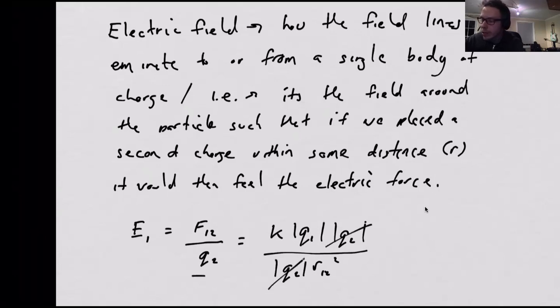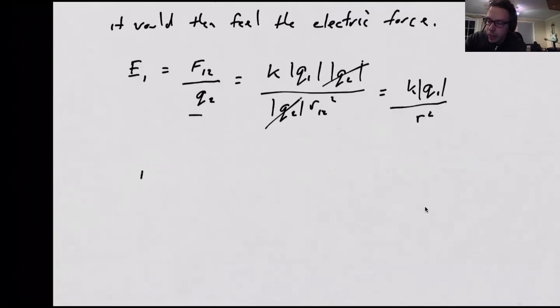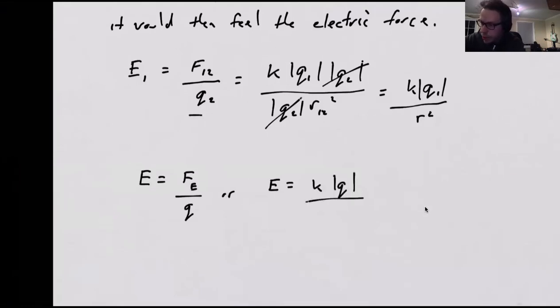Q2 is going to cancel Q2, leaving us just with K magnitude Q1 over the distance that you would potentially place a particle, squared. So if we just remove the subscripts totally, we see that electric field is really an electric force divided by one of the charges, or in general, an electric field is K, the magnitude of its Q, divided by the distance that you would place it squared.